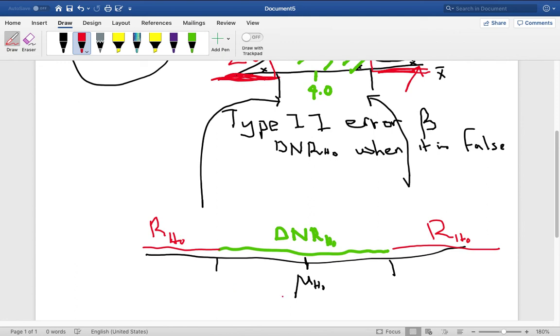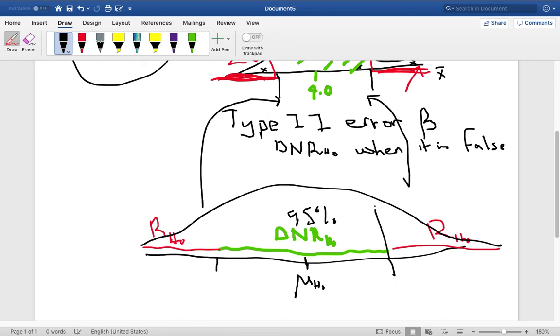And the critical values, well, if I want to make the middle region 95%, I have to work out how many standard deviations I need to move away from the mean to achieve that.